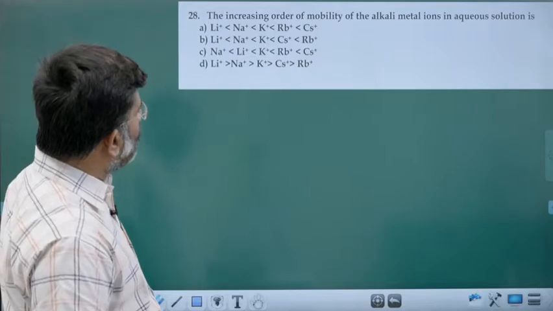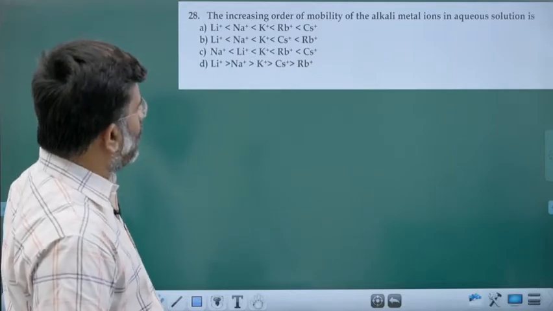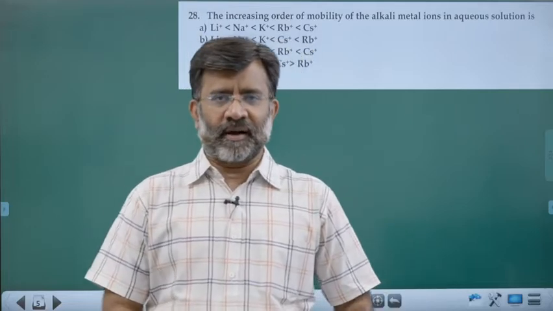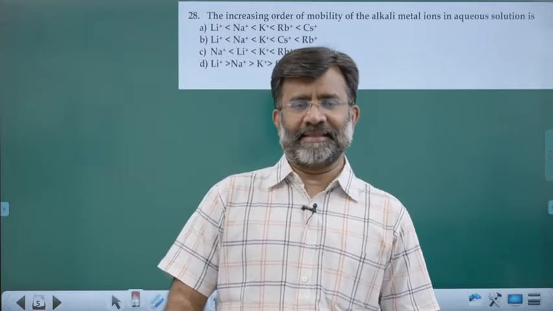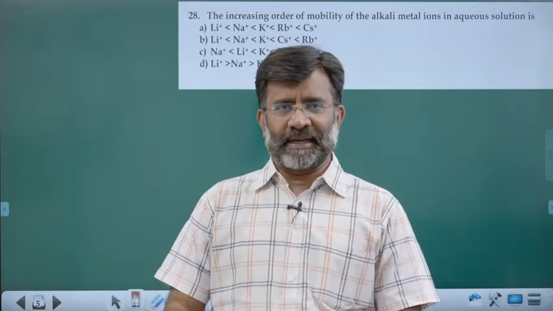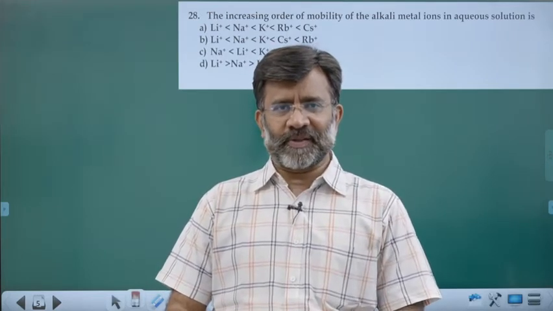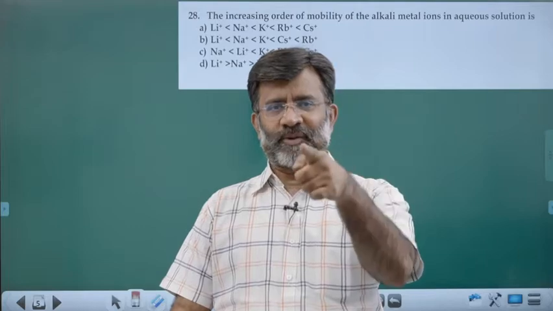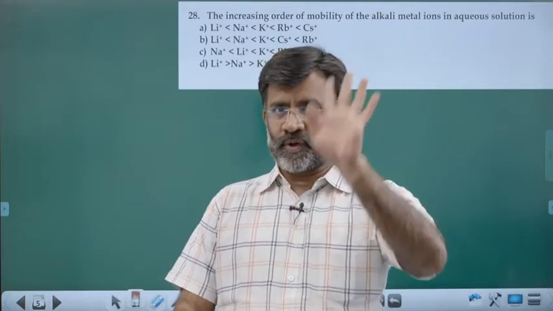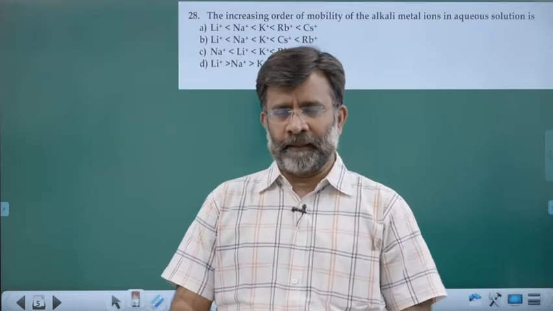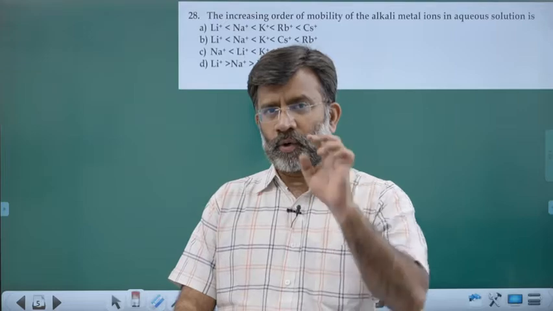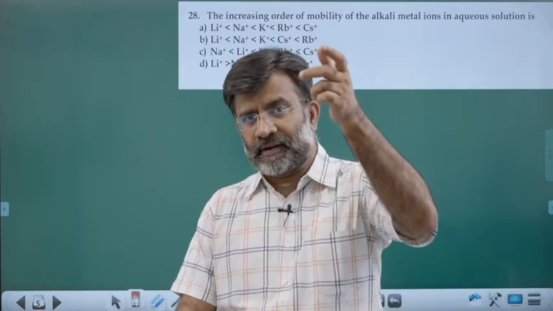Increasing order of mobility of alkali metal ions. Mobility, already discussed. Mobility depends on size. Then there is a possibility that we commit an error: lithium, small size, high mobility. Actual answer is opposite. Why? In aqueous solution, lithium because of small size undergoes heavy hydration.